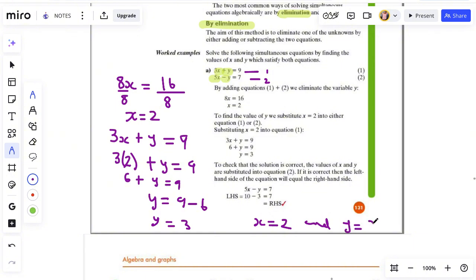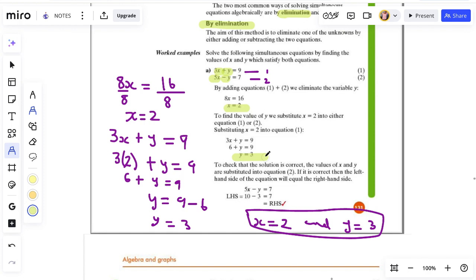Put your two answers together like this in one line, to make it conspicuous so that the examiner or whoever is seeing your work will see your answers. The marks for answers are separate from the marks for solving. So you write out your answer clearly: x equal to 2 and y equal to 3.